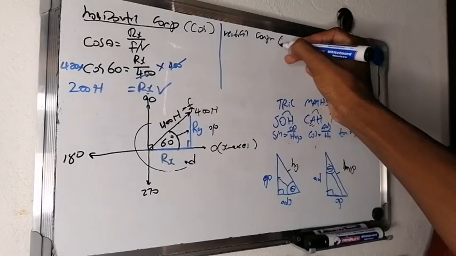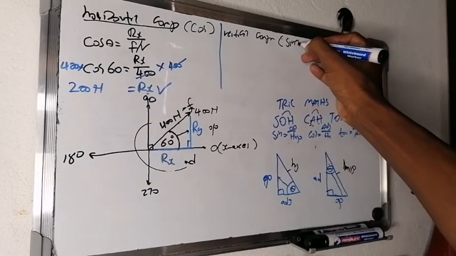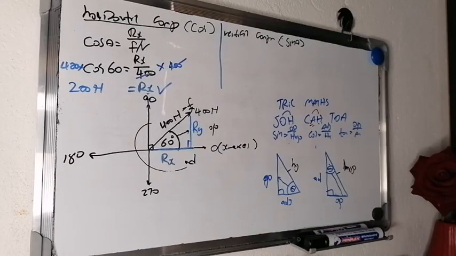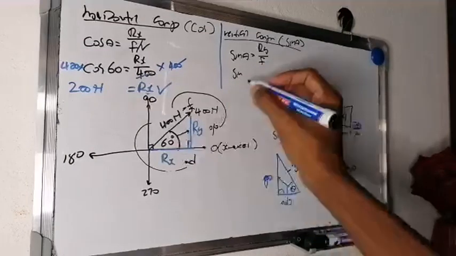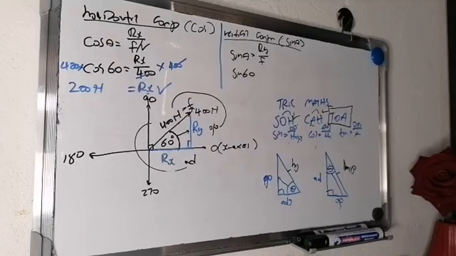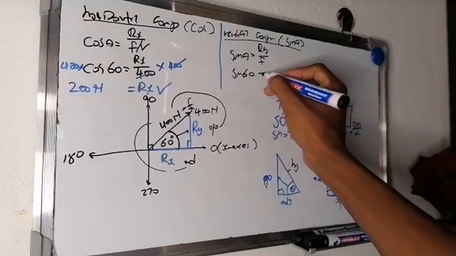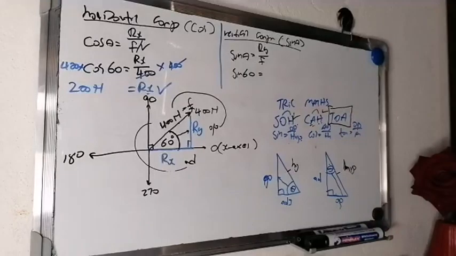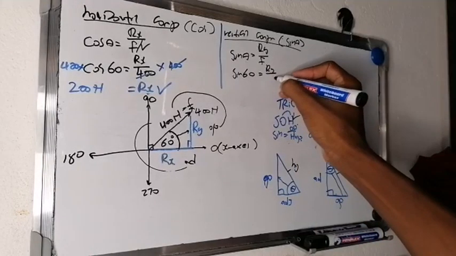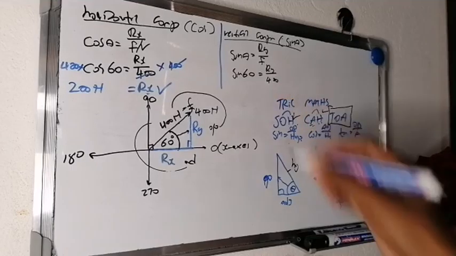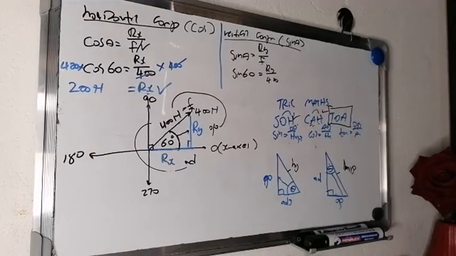When you calculate the vertical component, you say sine theta. So you are always again saying sine. Now you use sine 60 equal to Ry, because you are looking for your Ry, divided by the force, which is 400, and you apply the same method again.